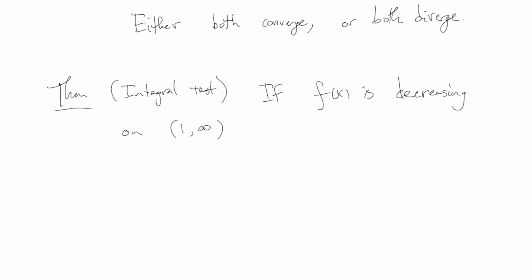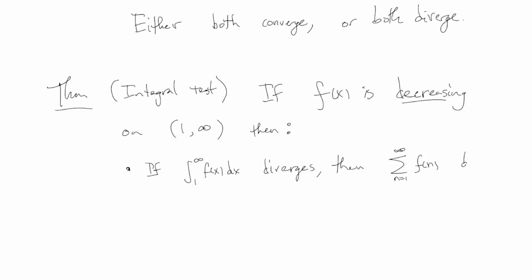So if f of x is decreasing as a real function from 1 to infinity, then basically it means that the series and the integral have the same convergence properties. So I'm going to say it in this way. If the integral of f of x dx diverges, then the series sum of f of n, n equals 1 to infinity, diverges.